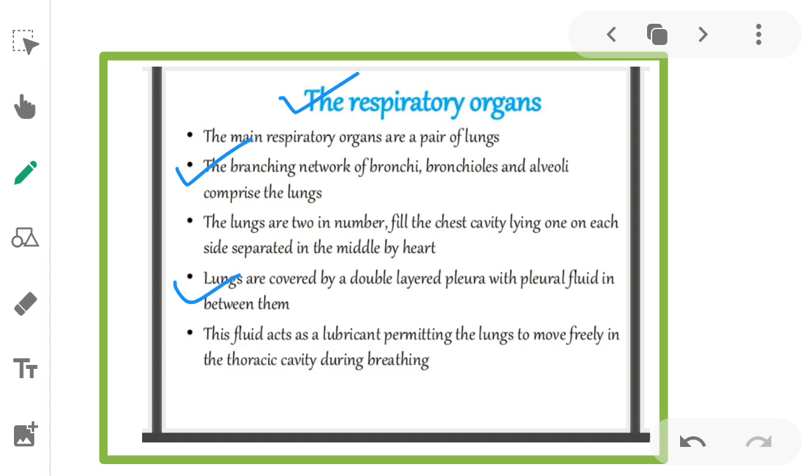Lungs are covered by a double-layered pleura with pleural fluid in between. This fluid acts as a lubricant, permitting the lungs to move freely in the thoracic cavity during breathing. So the bronchi, bronchioles, and alveoli all together comprise the lungs.